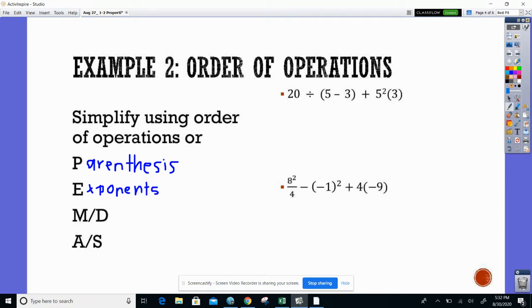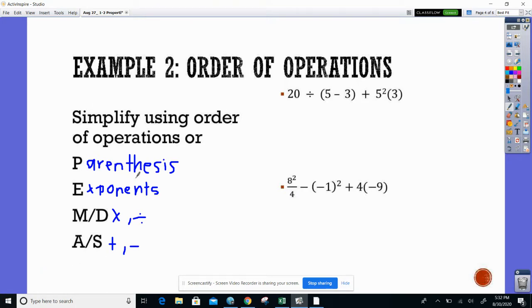The M stands for multiplication, and the D stands for division. So I'm just going to put the multiplication and division symbols. And then A stands for addition, S stands for subtraction. So again, I'm just going to put the symbols.